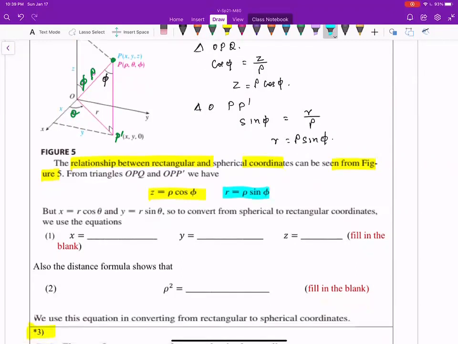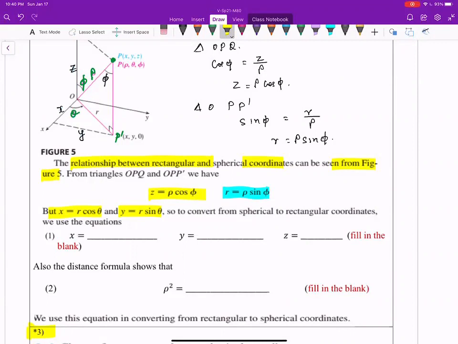Now if you look at the xy plane, where x and y are written, the x coordinate and the y coordinate here, and this is the z coordinate of the point. x can be written as r cosine theta, y equal to r sine theta, which we know already. So to convert from spherical to rectangular coordinates, we use x equal to r cosine theta.